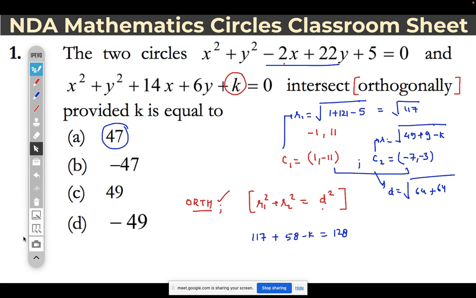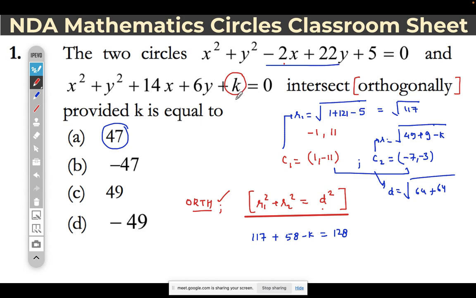Sir, can you explain how we got the D part? That's what I'm coming to now. In those notes, all the concepts we apply are there. Back to the agenda. Here in this question they said these are two circles intersecting orthogonally, then what is the value of k?